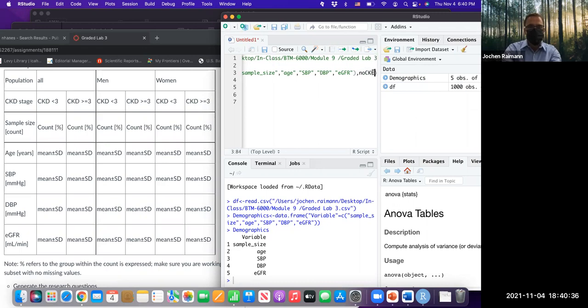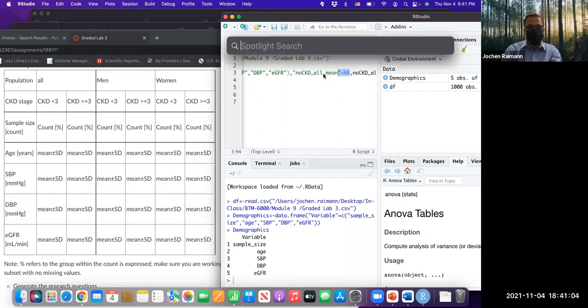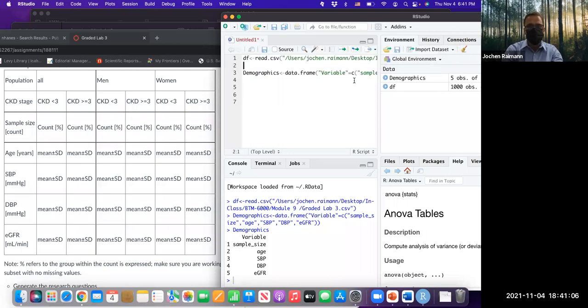Let's do no CKD or, and then let's do no CKD or mean, no CKD or SD, because it's going to be mean and SDs, right? If you put this in quotation marks, equals NA will populate this all the way down. So with data frame, you create here variable.